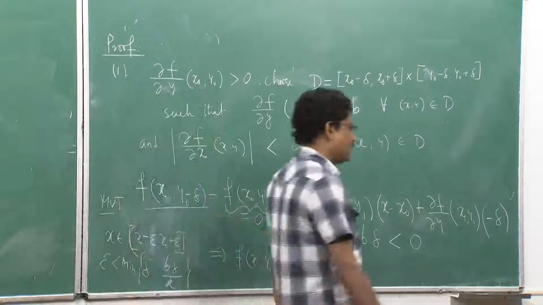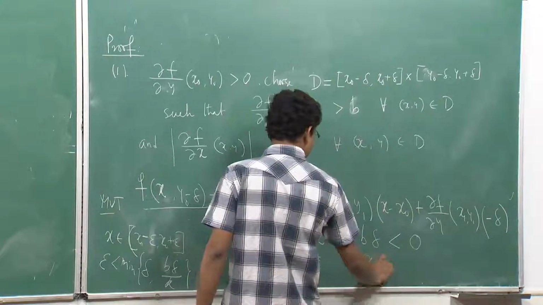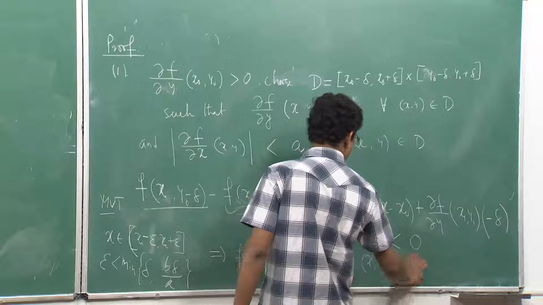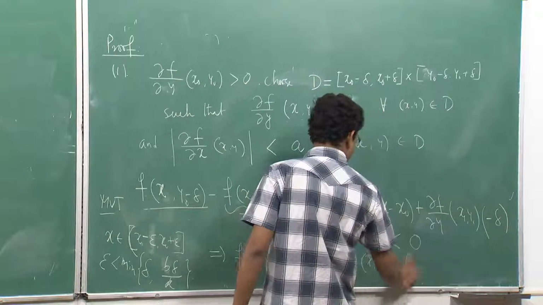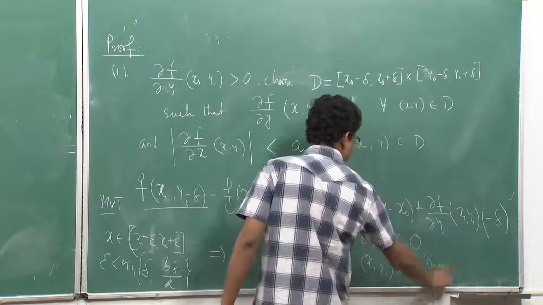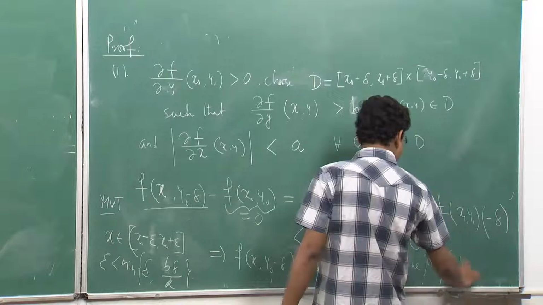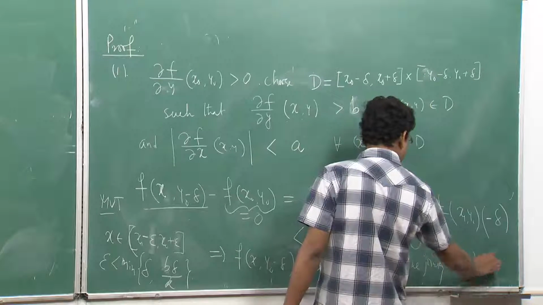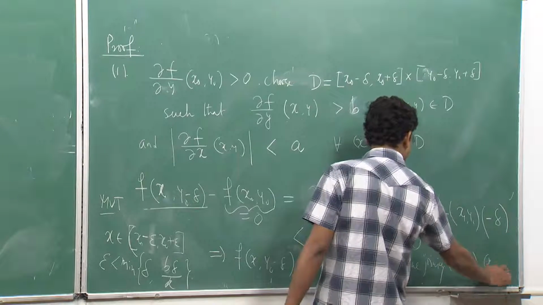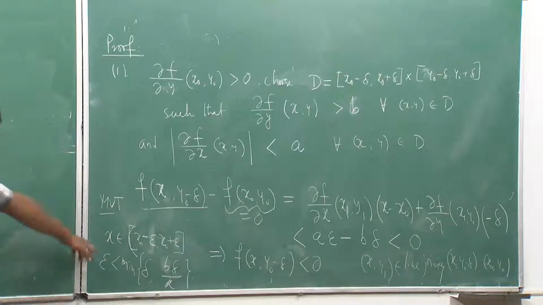This (x1, y1) is in the line joining (x, y0 − δ) and (x0, y0). So, I have to play this trick, I have to shrink the interval here.